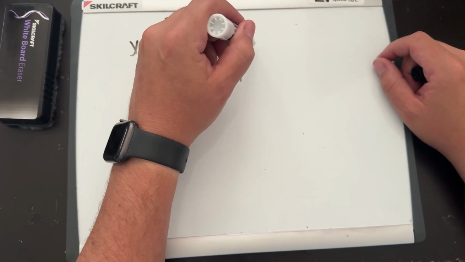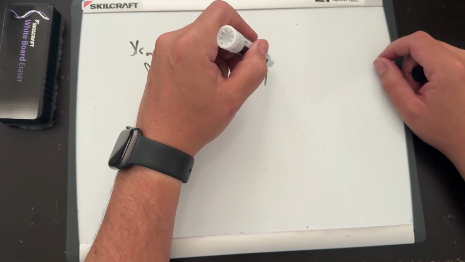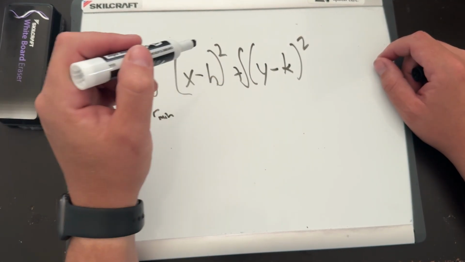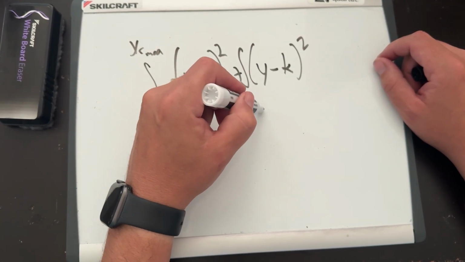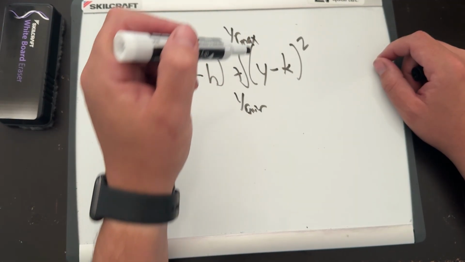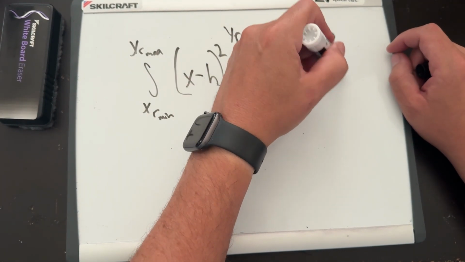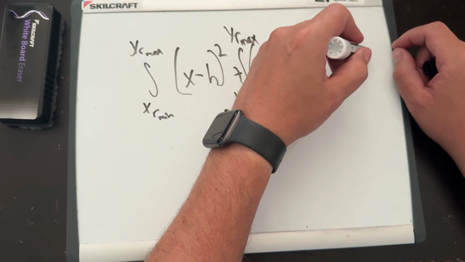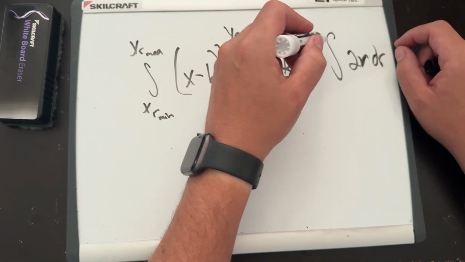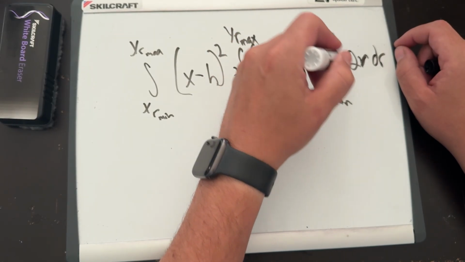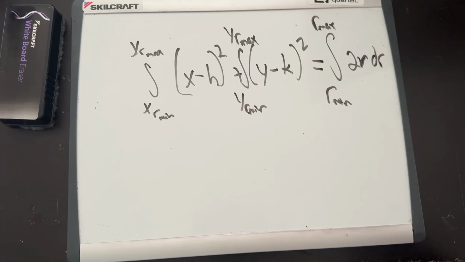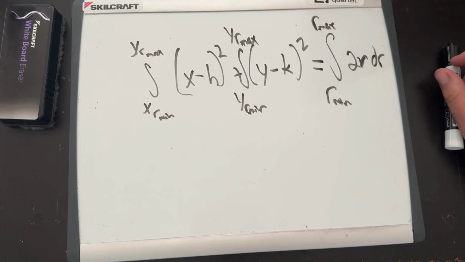So y minus k squared, and I have to have an integral there of y r min to y r max equals integral of 2r dr from r min to r max. Really sloppy handwriting. I apologize.